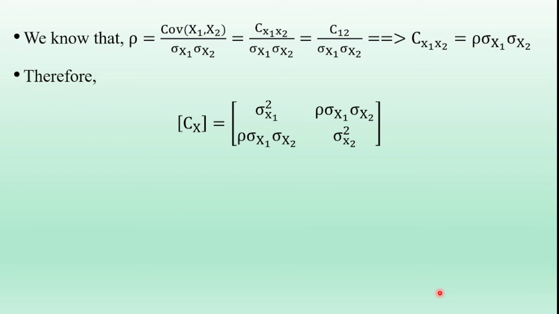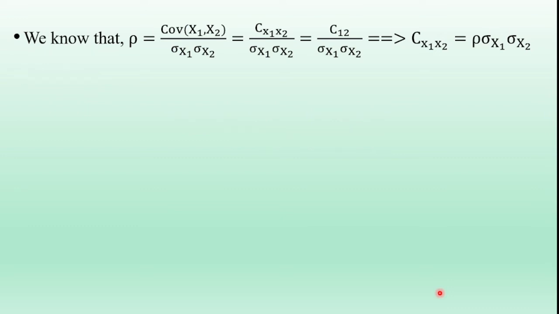And we know that the correlation coefficient rho is equal to the covariance of x1 comma x2 divided by sigma x1 sigma x2 for the two random variables. Taking the cross multiplication, Cx1x2, or simply c12, is equal to rho into sigma x1 sigma x2.